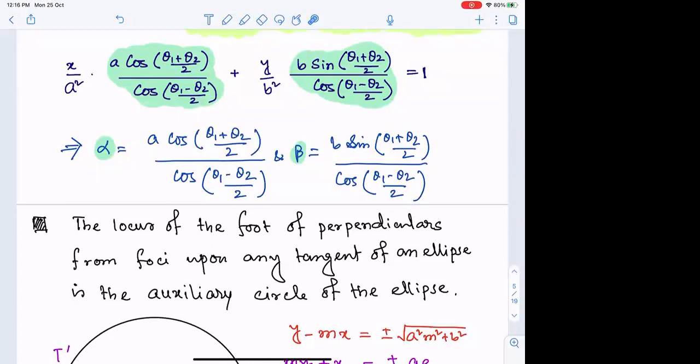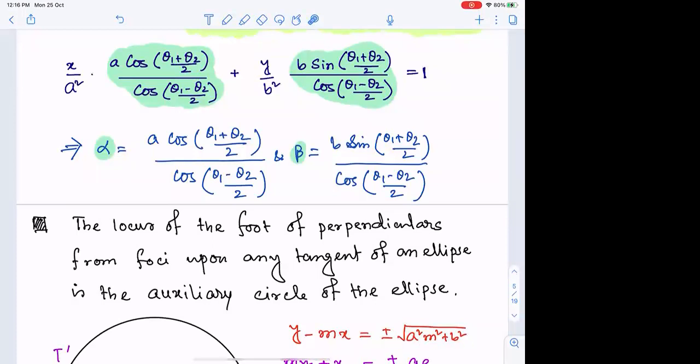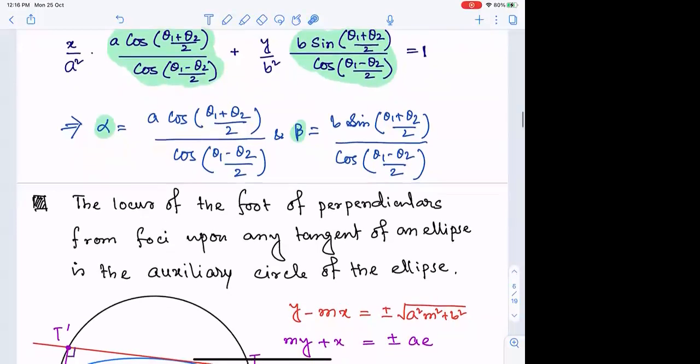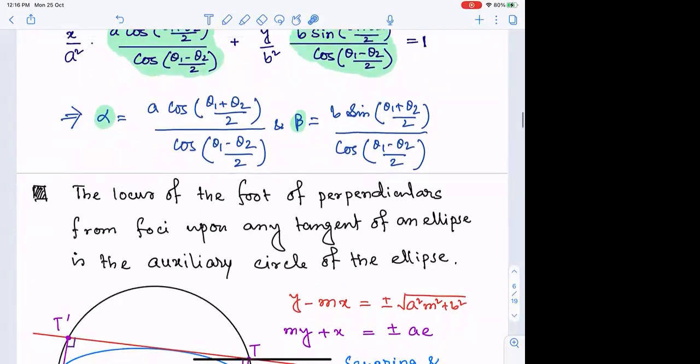So is that logically acceptable for everyone that we must go for the tangent in slope form? Yes, sir. So with this tangent in slope form and its perpendicular line through the foci, that's my plus x is equal to plus or minus a. These are the two lines that we need to solve simultaneously, right?